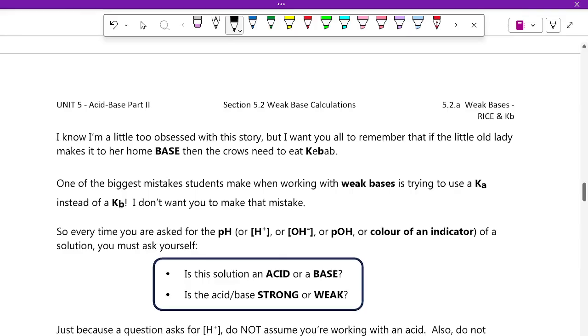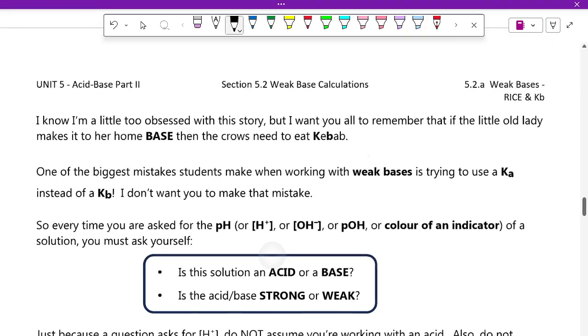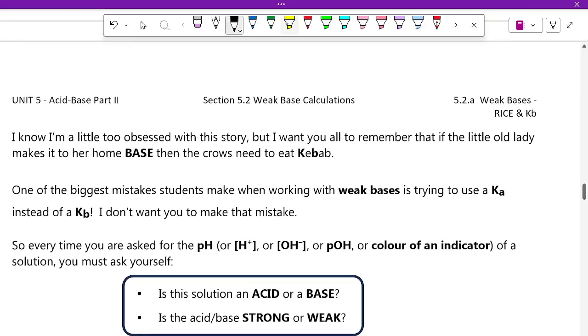One of the biggest mistakes students make, and this is what I was saying before, is that when working with weak bases, they will try to use Ka. Sad face. If you use a Ka when you're working with a weak base, that's going to be wrong.